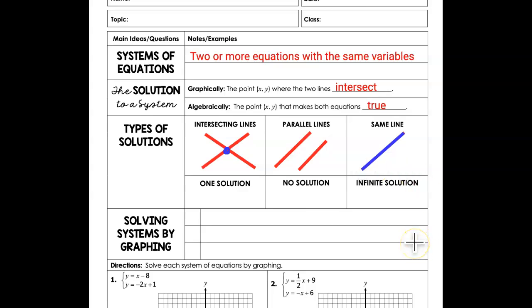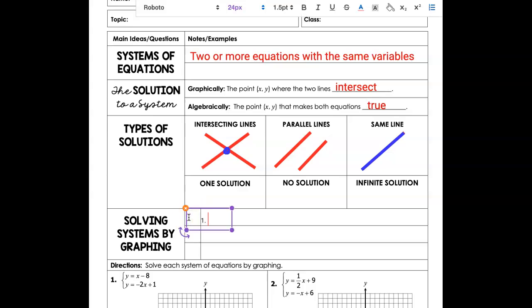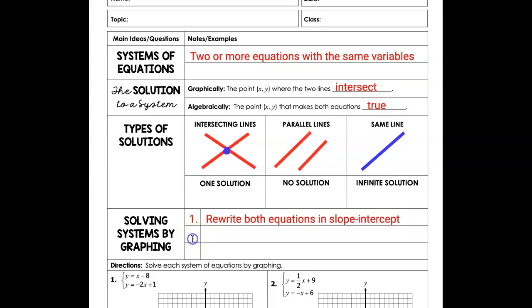What we're going to work on today is solving systems by graphing. So the way we're going to do that is first, we're going to make sure that we rewrite both equations in slope-intercept form, so y = mx + b.